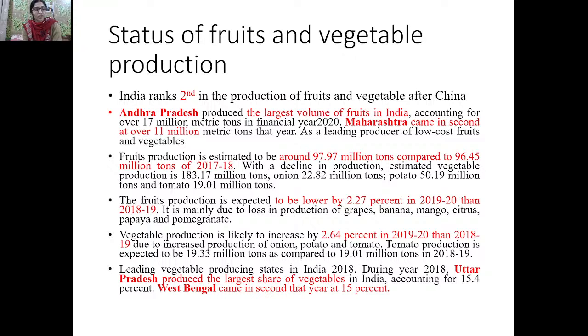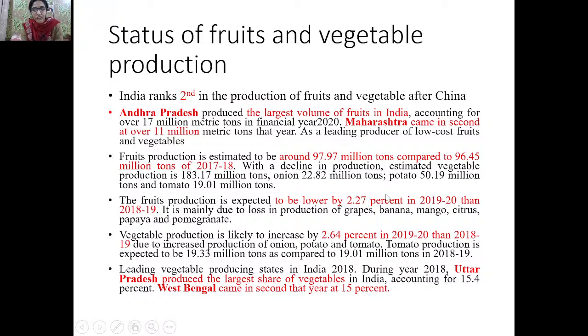That is why we rank second in the production, but we are nowhere in the processing. Not more than 3% is being processed. So this is the status of the processing, and this is the slide again, which is showing which state excels in which kind of fruits or vegetables.